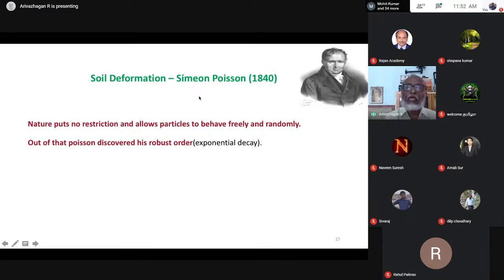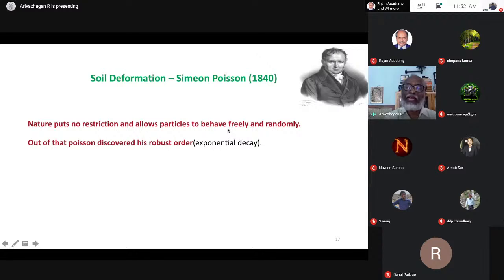How the Poisson process was formulated is a very interesting point. Nature puts no restriction and at the same time allows particles to behave freely and randomly. We can't stop it, we can't prevent it.